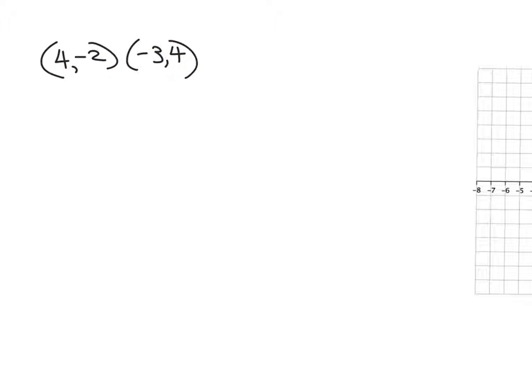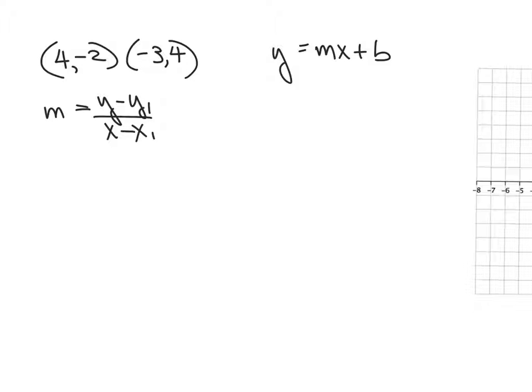Okay, this is 106.2, and again we have our equation that we want to look like that. So we find our m first. So our m equals one of the y's minus the other y over one of the x's minus the other x.